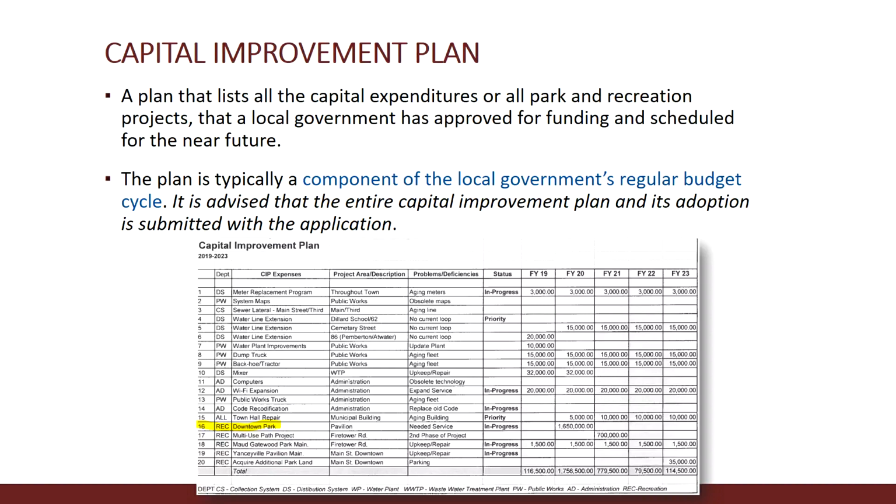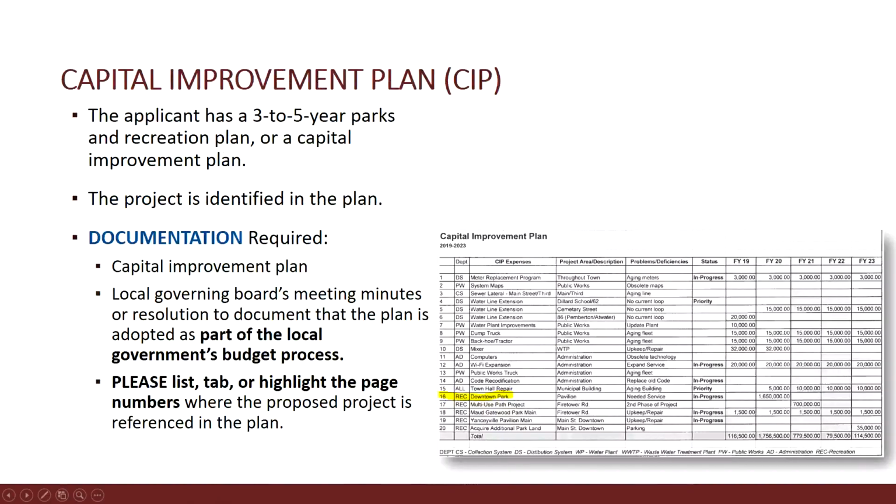And sometimes you might want to submit that entire improvement plan so we can review it and really understand that yes, this is part of the local government system, and let us know where it is located. It's also advised that you provide minutes of its adoption. Highlight where it is. So, is this including all the recreation projects here? Here's the actual downtown park that might be applied for.